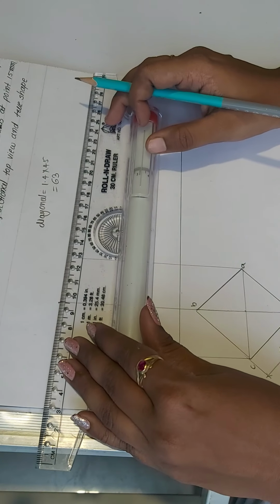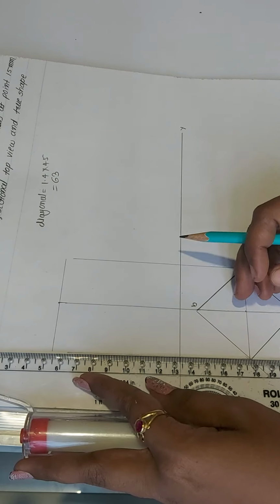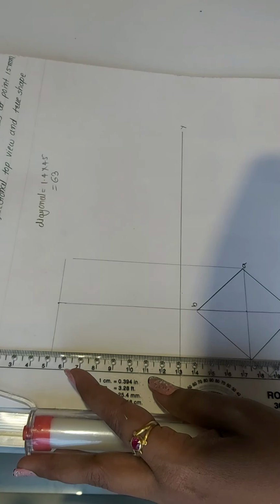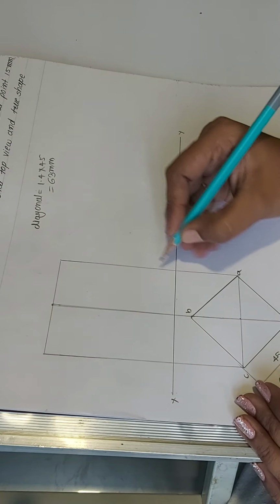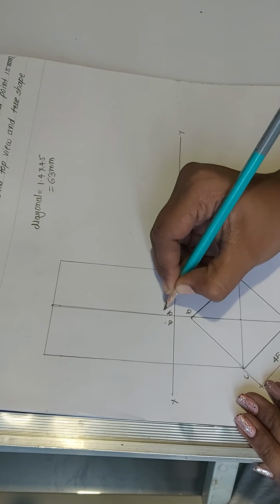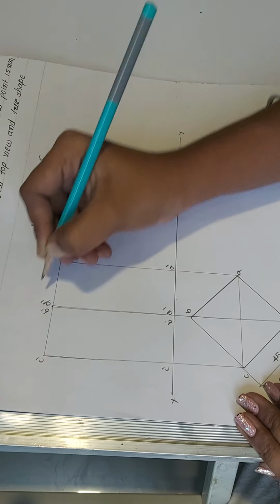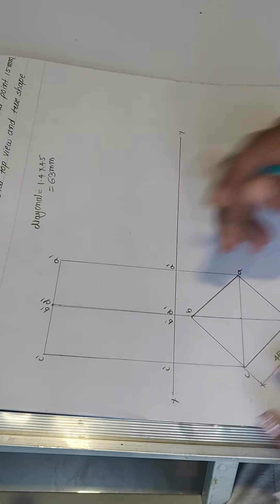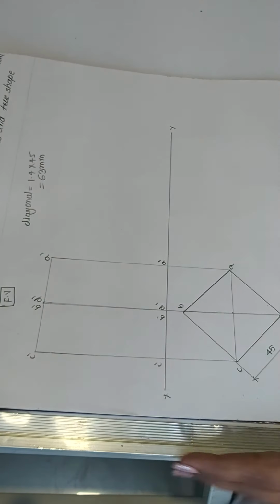With the help of this, I complete that rectangle, then we give labeling to the front view in the format of A dash, B dash, D dash, C dash. Same labeling for the top end also. So this is your front view, this is your top view.